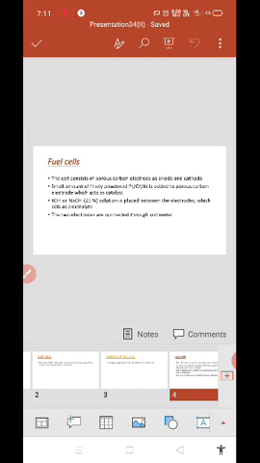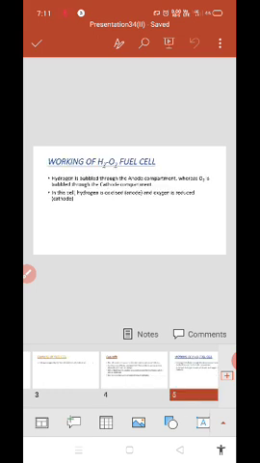While explaining the fuel cell, first of all you have to write which acts as the anode, which acts as the cathode, which acts as the electrolyte, and what the working principle is. In the H2O2 fuel cell, reduction and oxidation take place through the hydrogen gas and the oxygen gas.